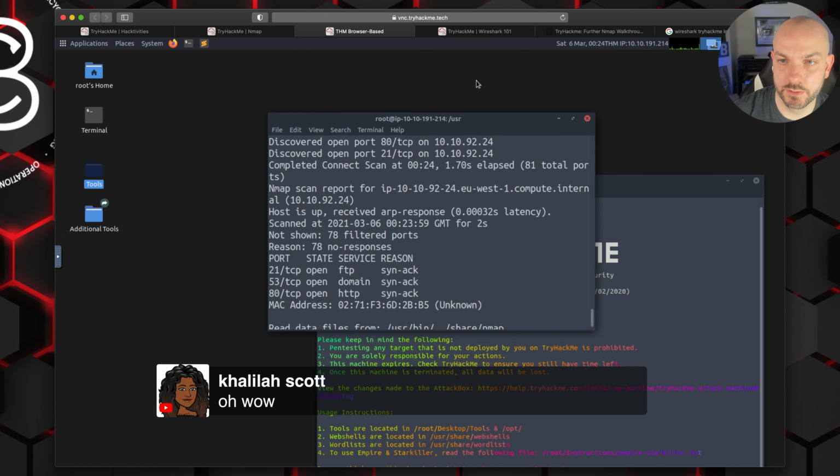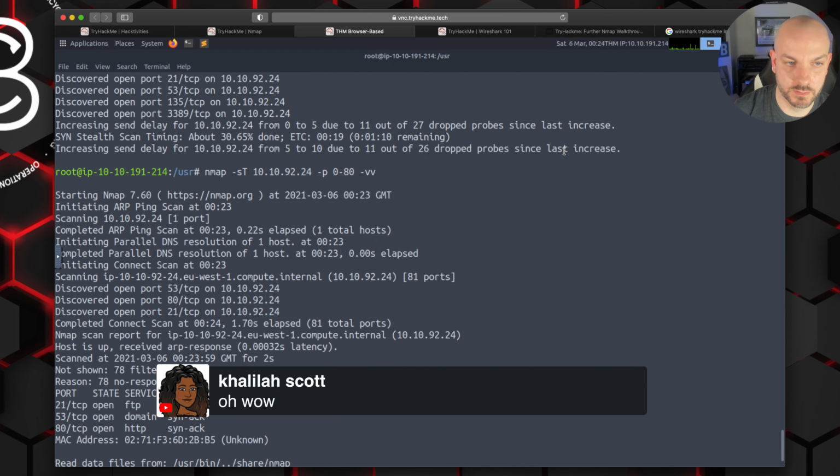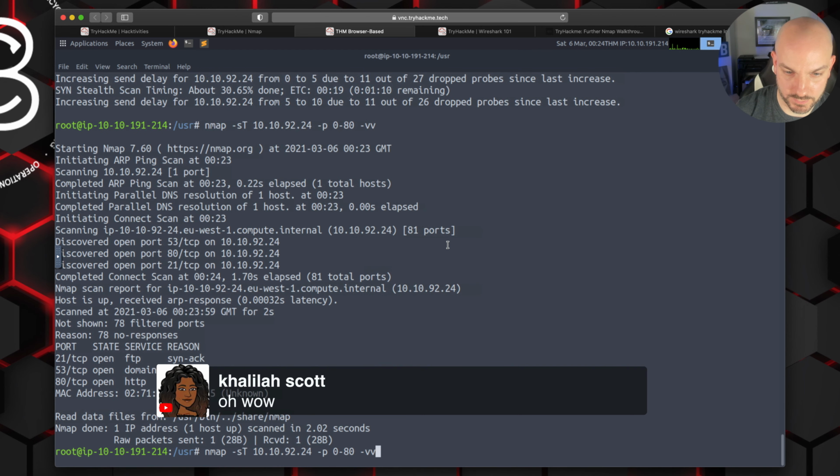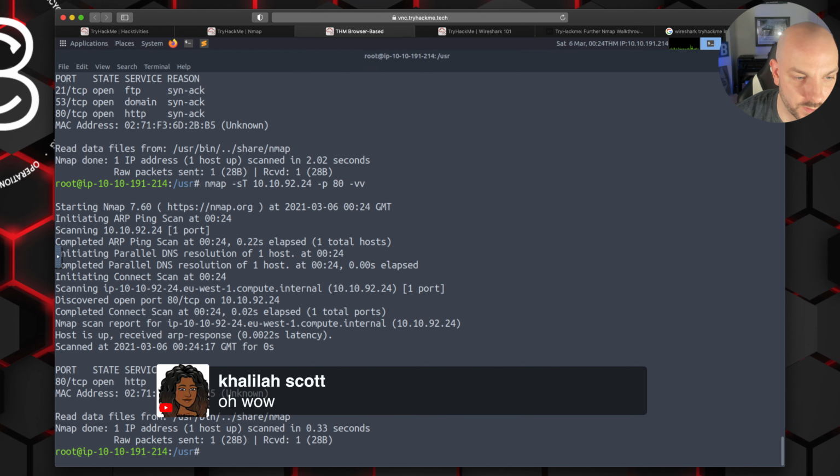Oh, let's do that port 80 scan just so we can say that we did it, and we can see the output. And we see that it is open, and the reason why is because we got a SYN back, right?